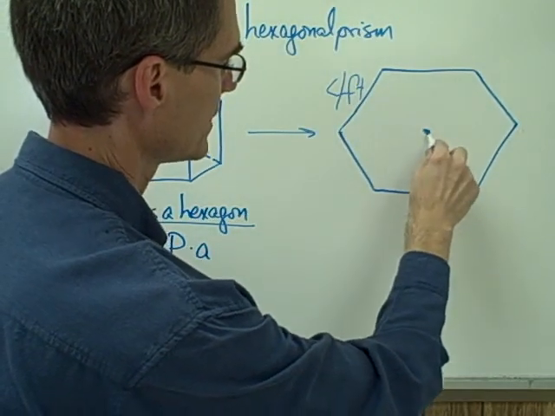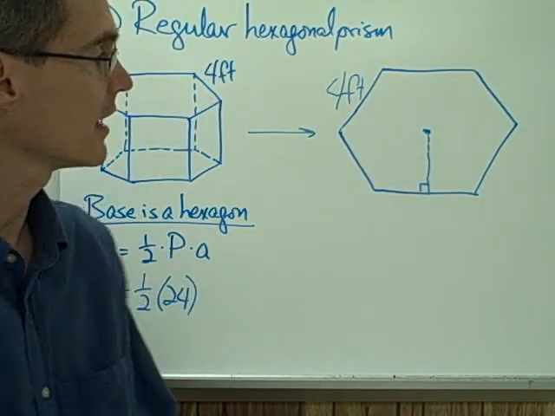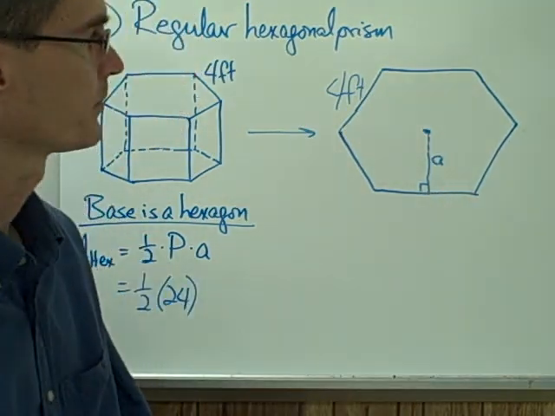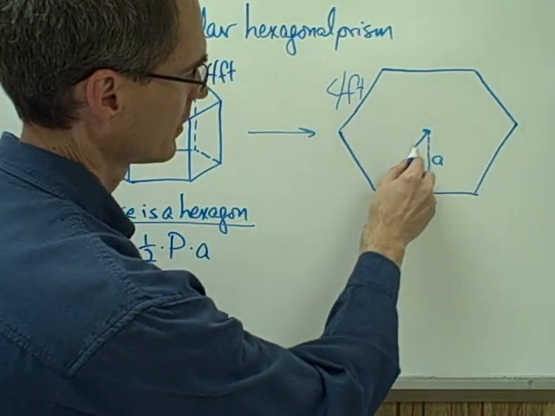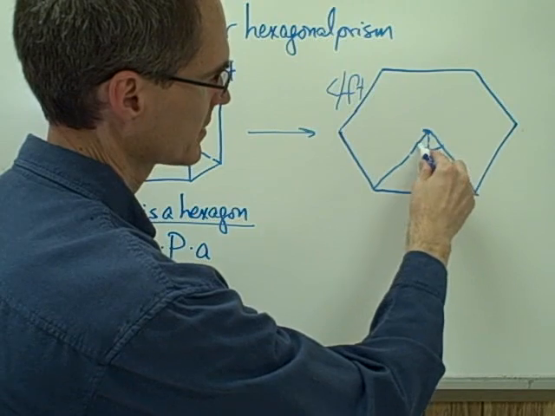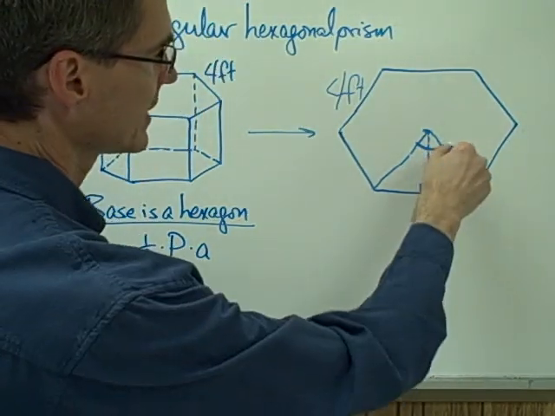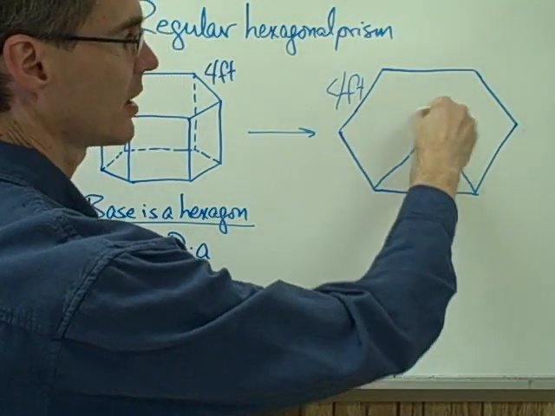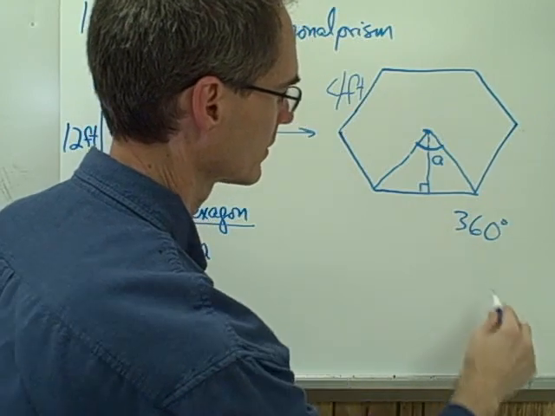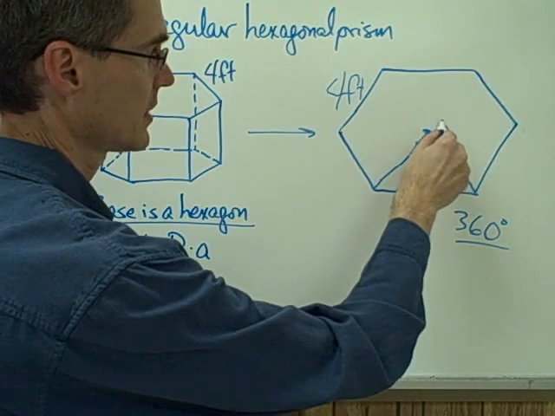Remember, the apothem is the perpendicular distance from the center of the hexagon to one of its sides. So I need this distance right here. That's my apothem. I also remember that I can calculate this central angle of my hexagon by taking the total of all of the central angles, which is 360 degrees, and dividing that by the number of angles.